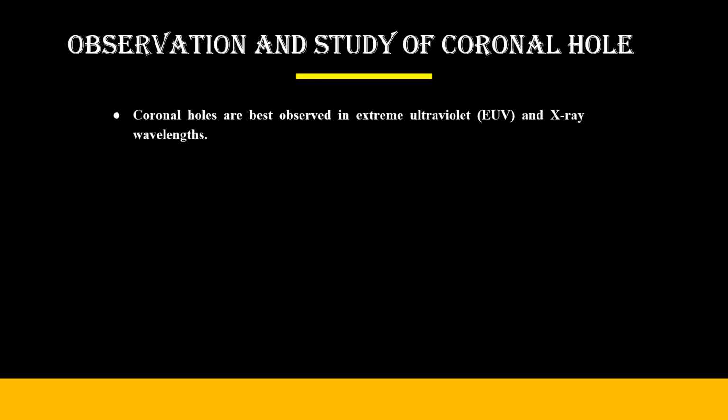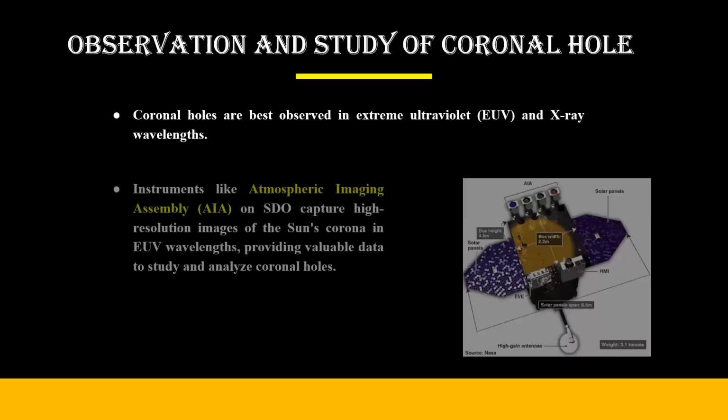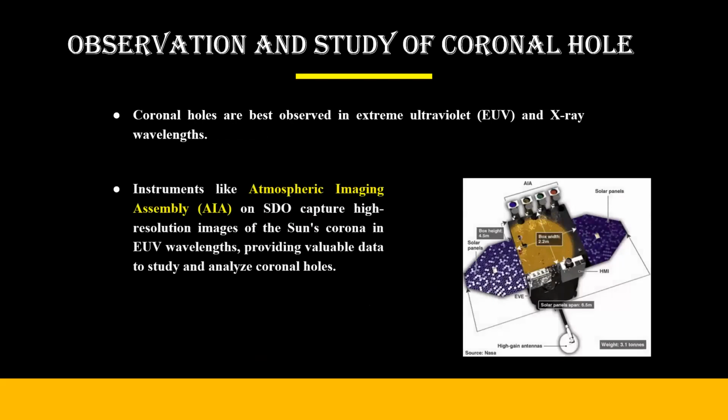Coronal holes are best observed in extreme ultraviolet, EUV, and X-ray wavelengths. Instruments like the Atmospheric Imaging Assembly, AIA, on SDO capture high-resolution images of the sun's corona in EUV wavelengths, providing valuable data to study and analyze coronal holes.